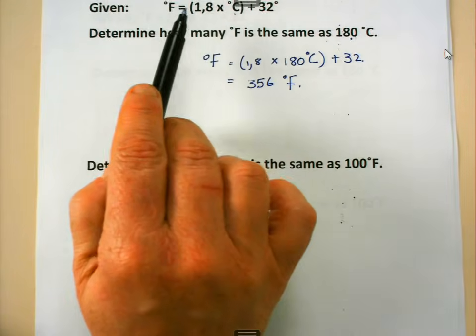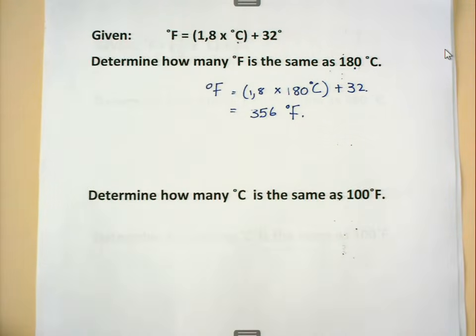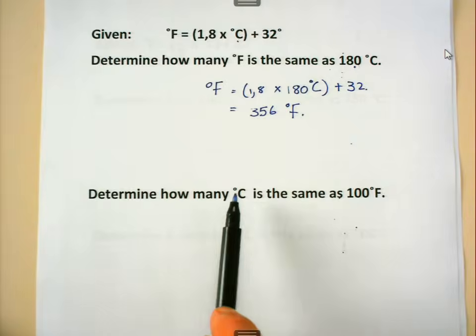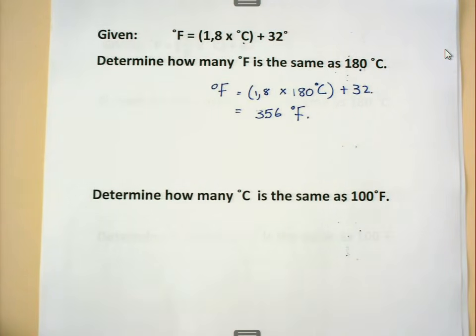Sometimes you will get the formula in this format, but you are requested to work out the degrees Celsius, where you are given the degrees Fahrenheit. Now, like I've shown you previously, there is a formula for that.